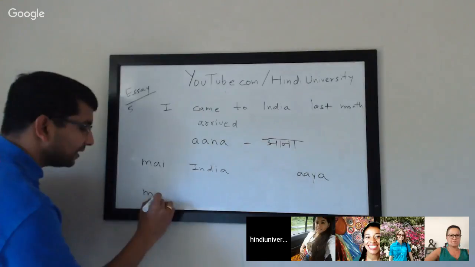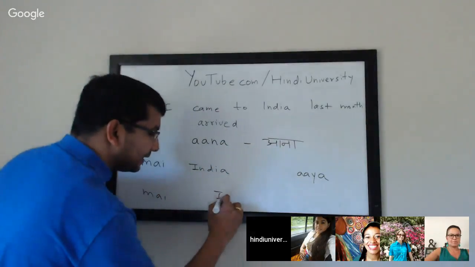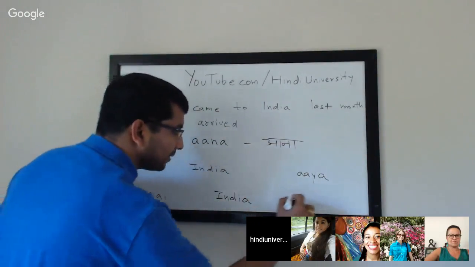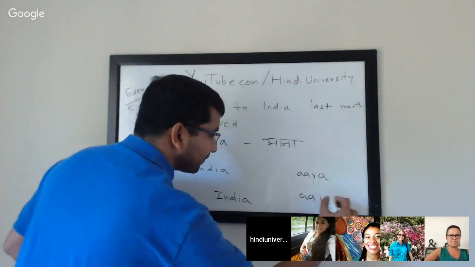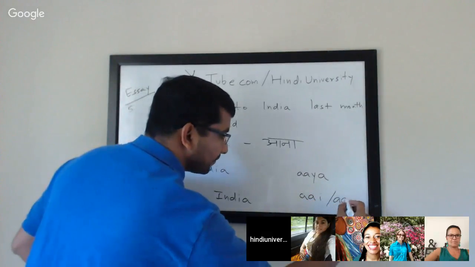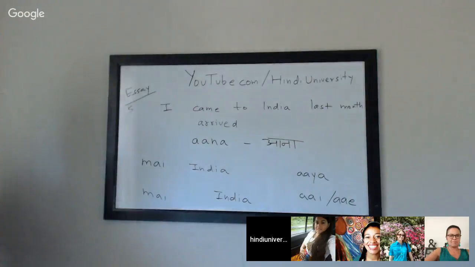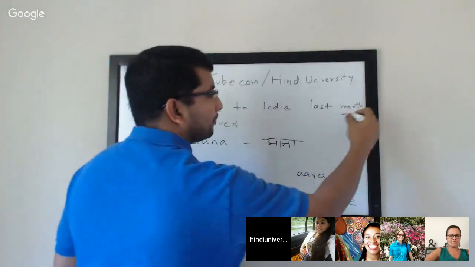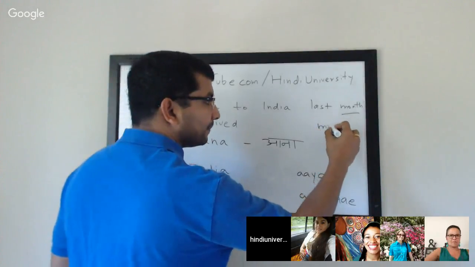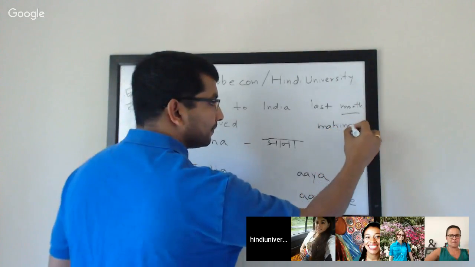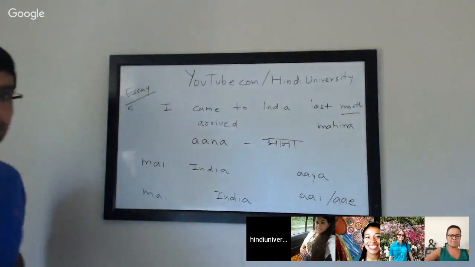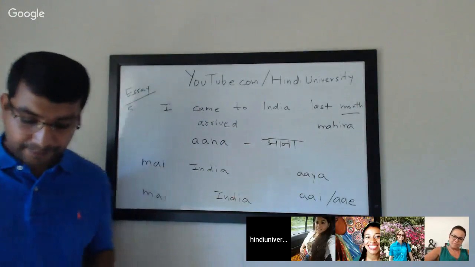And for a girl, it would be मैं इंडिया आई. Okay. Now last month. Month is महीना. Last is पिछला or पिछले.